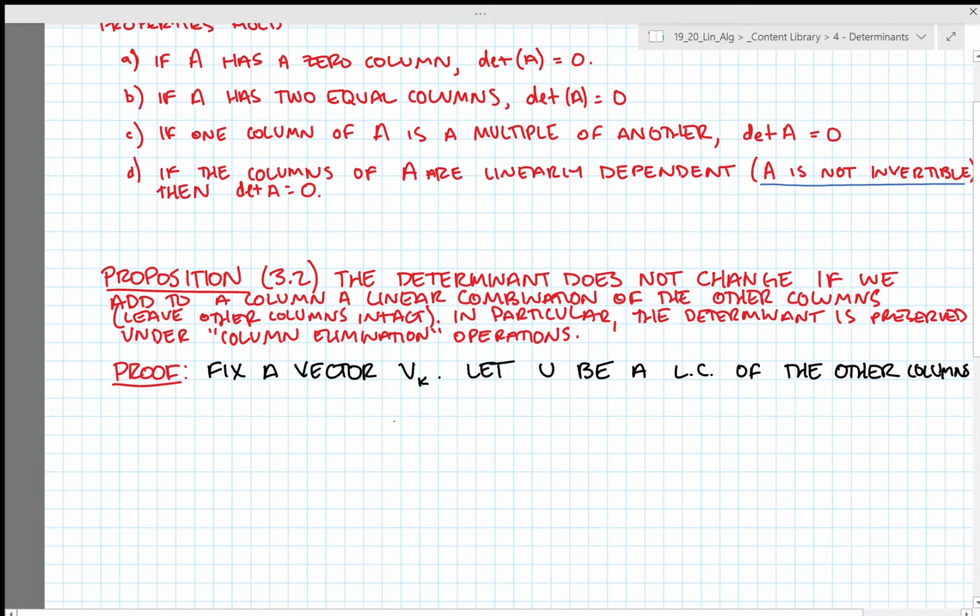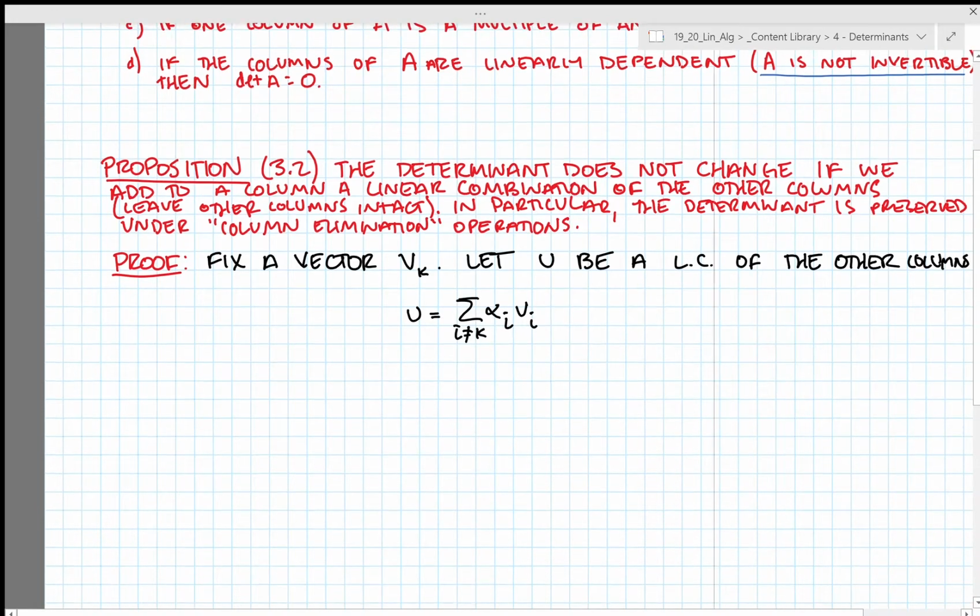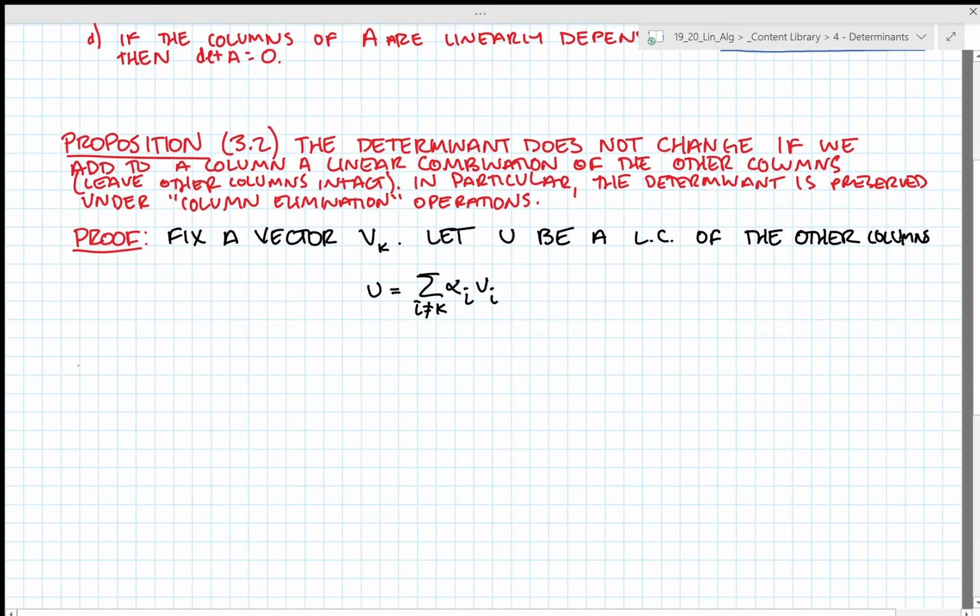That basically means u is the sum over indices that are not k. I've built u out of some linear combination of vectors and coefficients, but I don't have the vector v_k in it. That's really important. Okay, well then let's check the determinant.